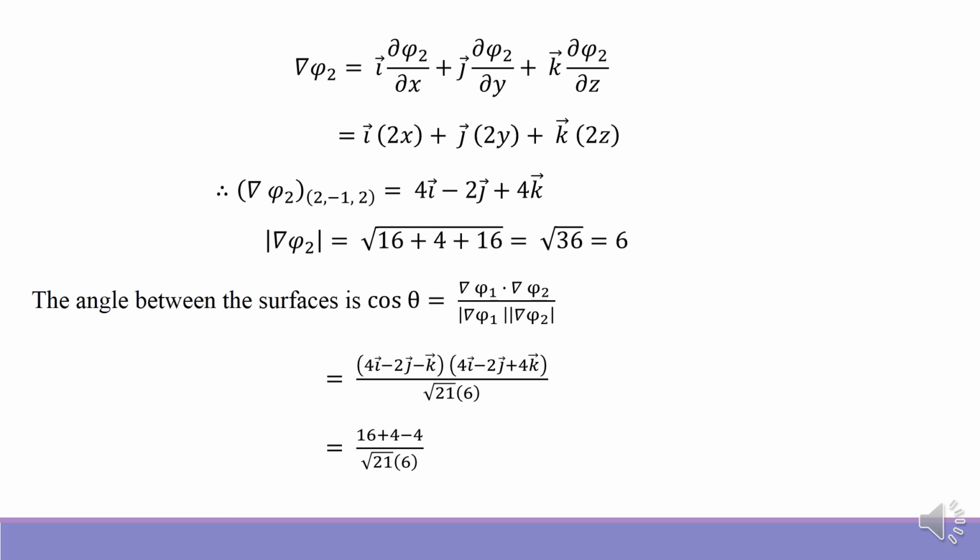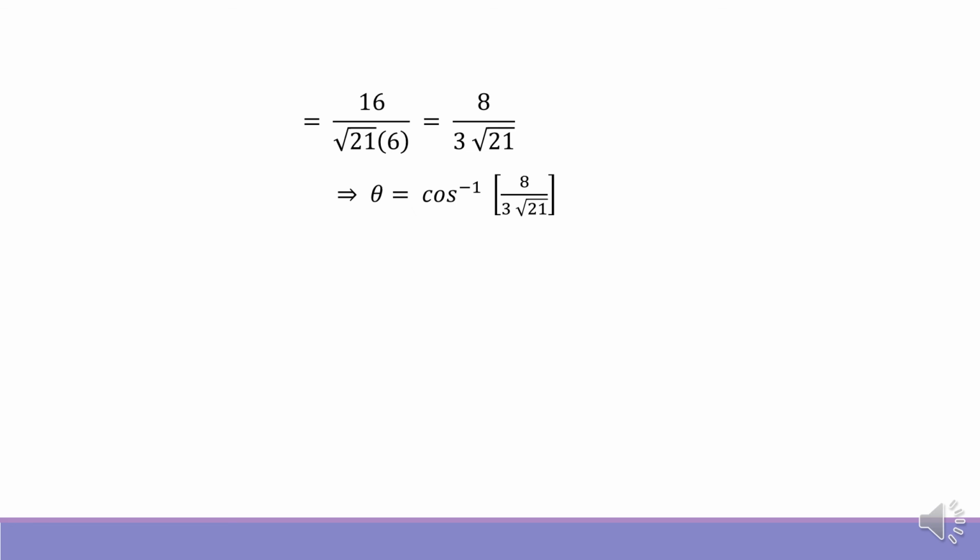Modulus of ∇φ1 is root 21, modulus of ∇φ2 equal to 6. Then i dot i is 1, j dot j is 1, k dot k is 1. Therefore we get 16 by root 21 into 6, that is 8 by 3 root 21. Therefore theta equal to cos inverse of 8 by 3 root 21.